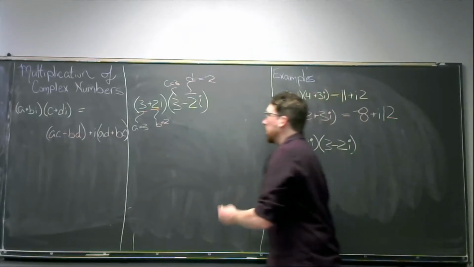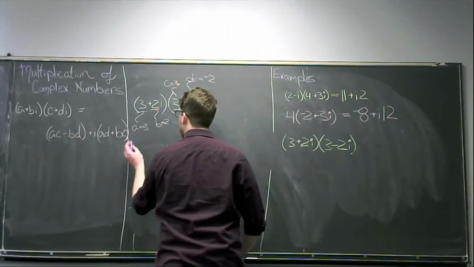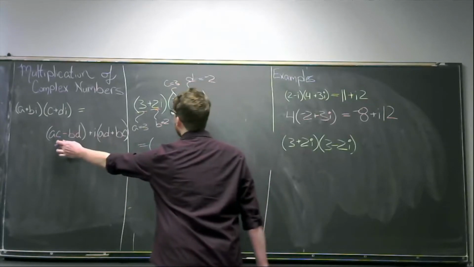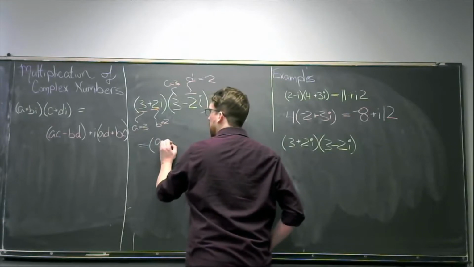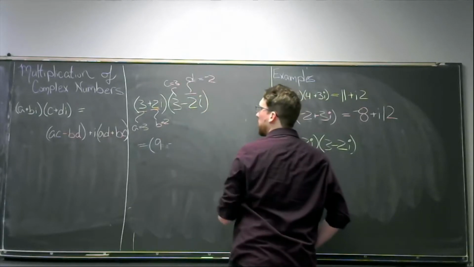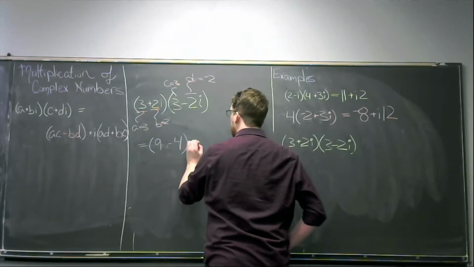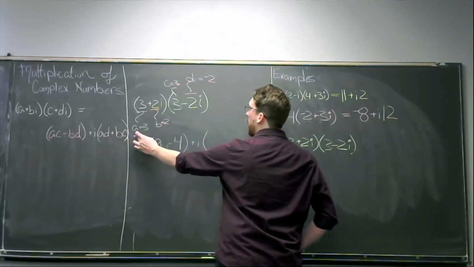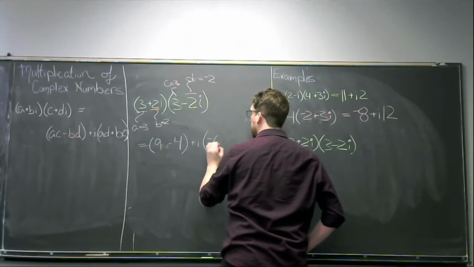With that, this whole thing is going to be equal to A times C, which is 3 times 3, that's 9, minus B times D, that's 2 times -2, that's -4, plus i times A times D. A is 3 times D is -2, so that's -6.